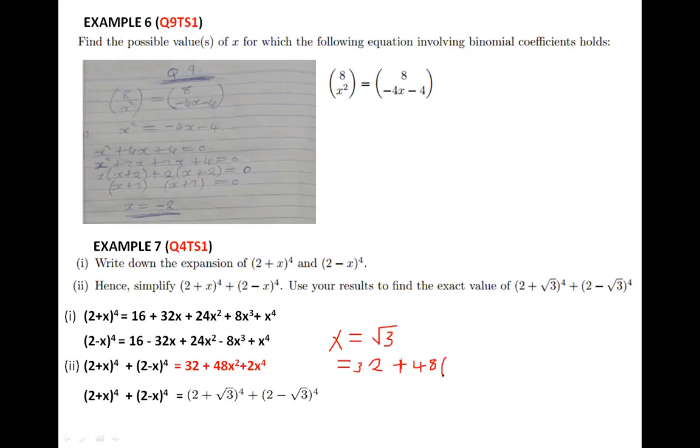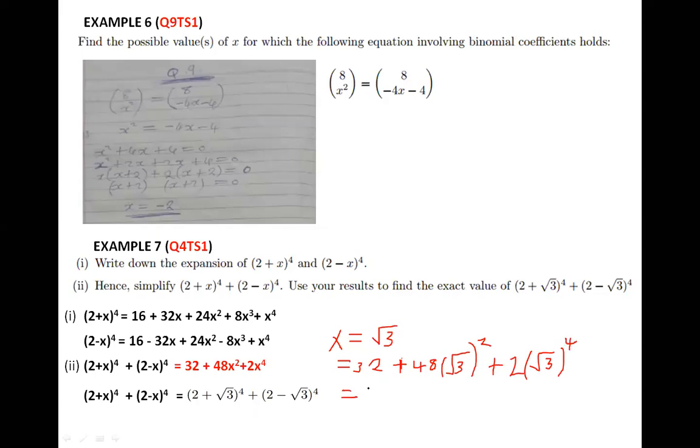So where there's x, we replace with the root of 3, like that. Then you square it. Then plus 2, where there's x, you put the root of 3, and then you raise it to power 4.